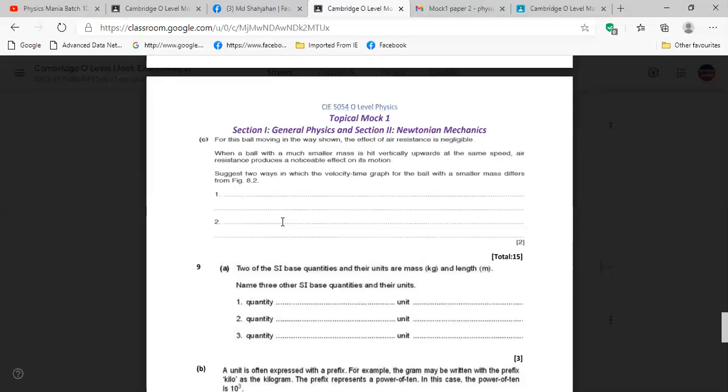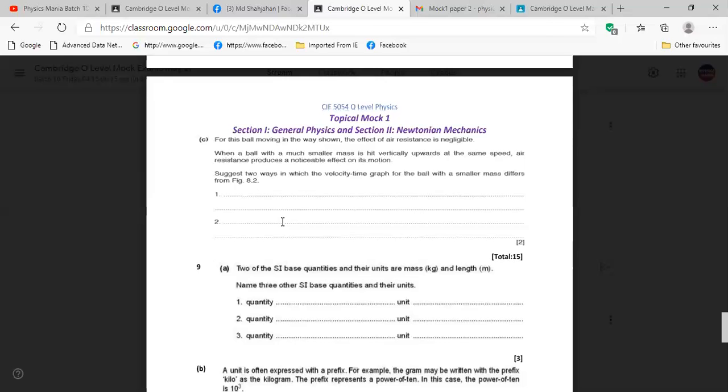If its air resistance is working less, then its upward speed, you are throwing with the same force, but as the air resistance is working less, the upward speed will be more, right? Because the deceleration is now less, isn't it?